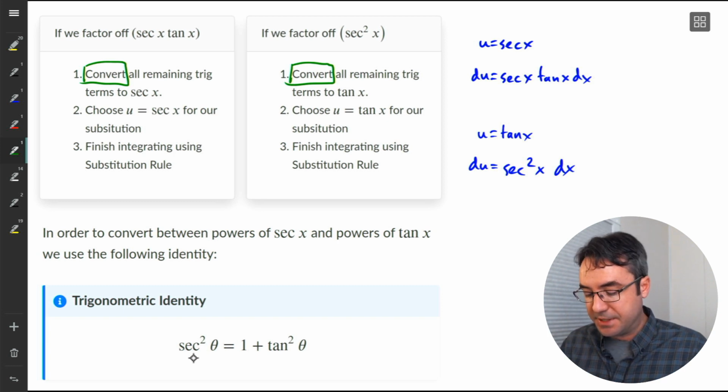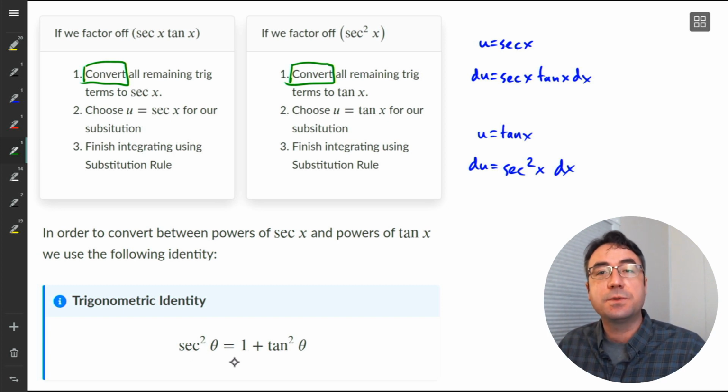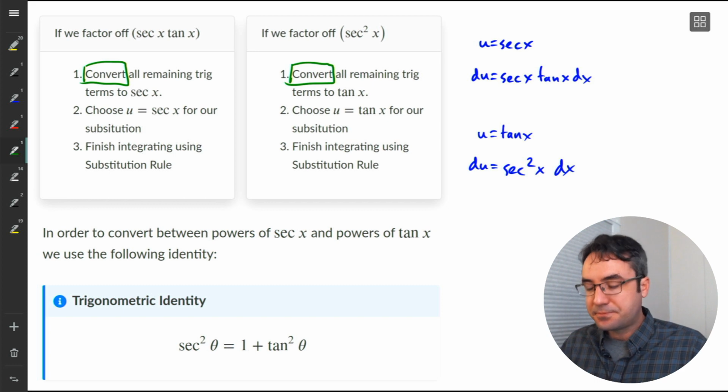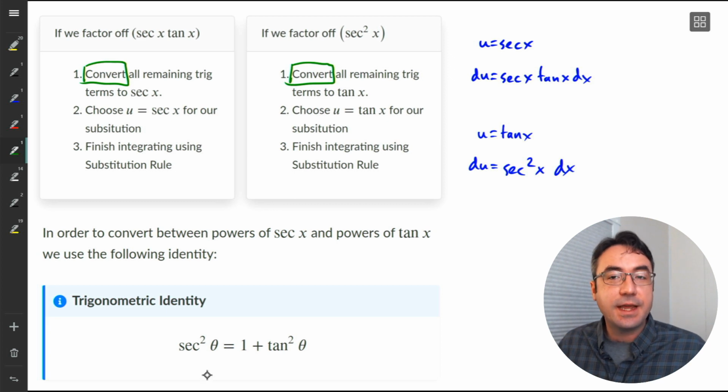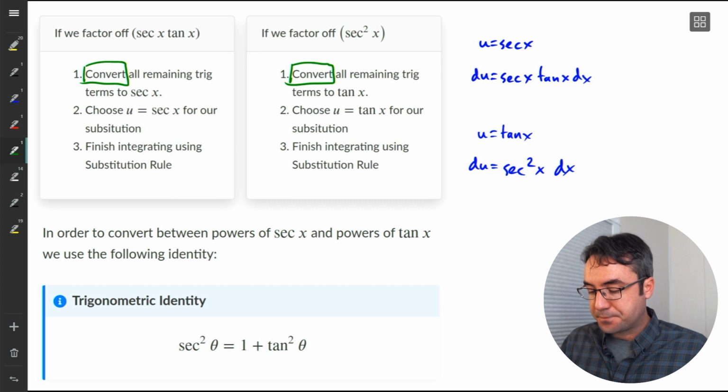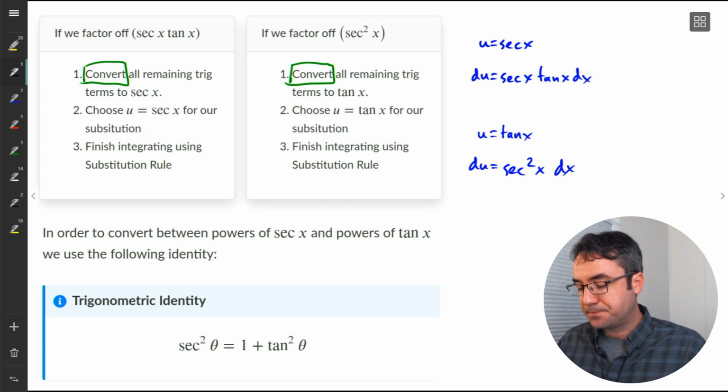So what does it say? Well, it says secant squared of some angle is equal to 1 plus tangent squared of some angle. And this allows us to convert back and forth between secants and tangents. All right, so we're going to see how this works.